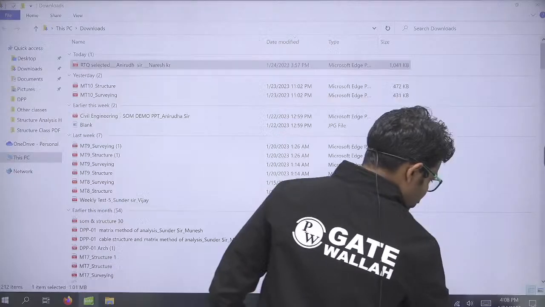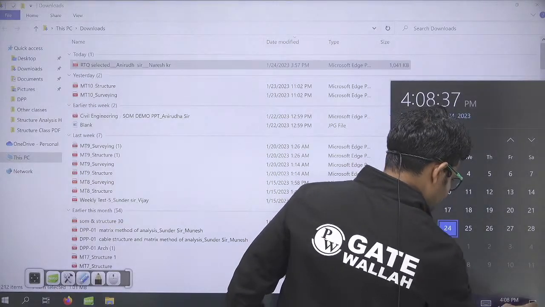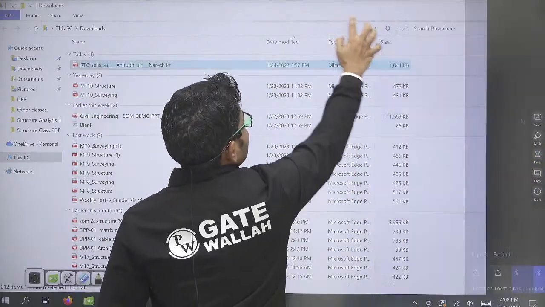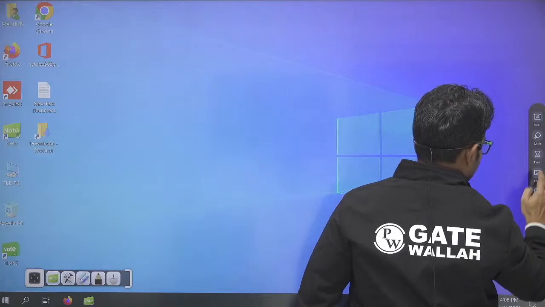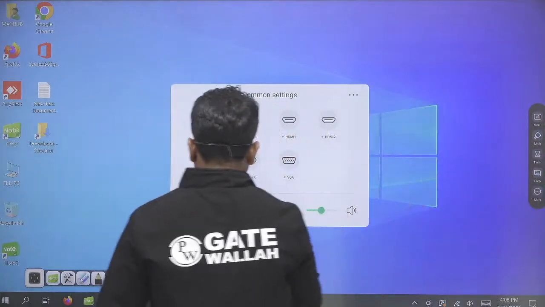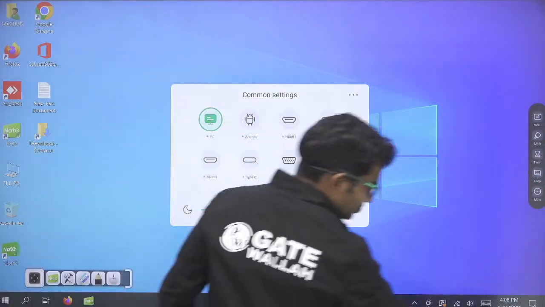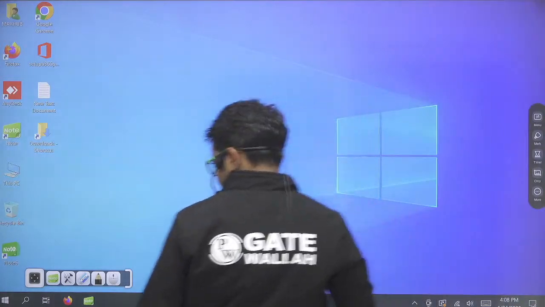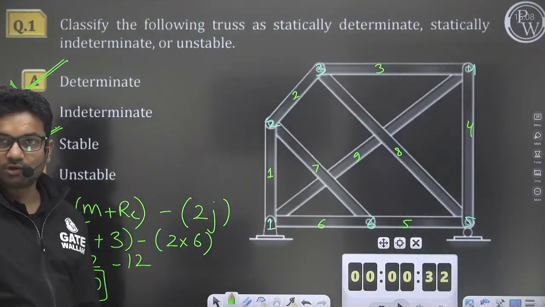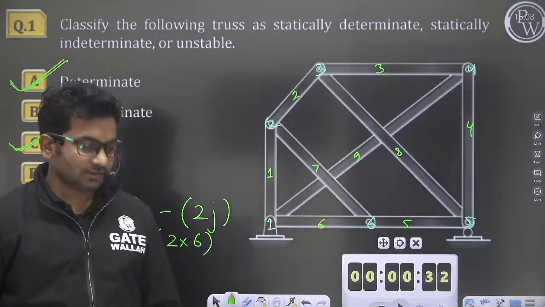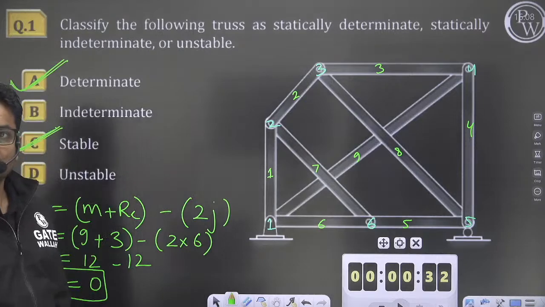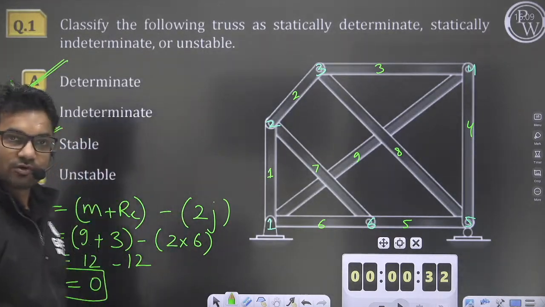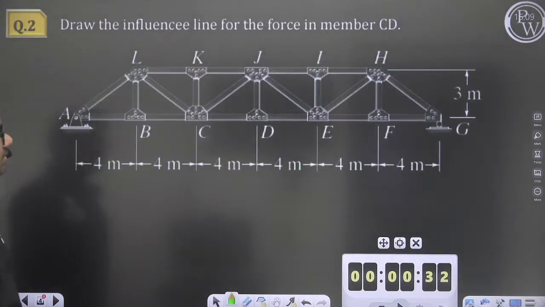If you are not able to see because of reflection on the screen, let me try to increase the brightness. Night light is off. Okay, so now, is it better? I think it will be better now. If you are still not able to see, then tell me again.